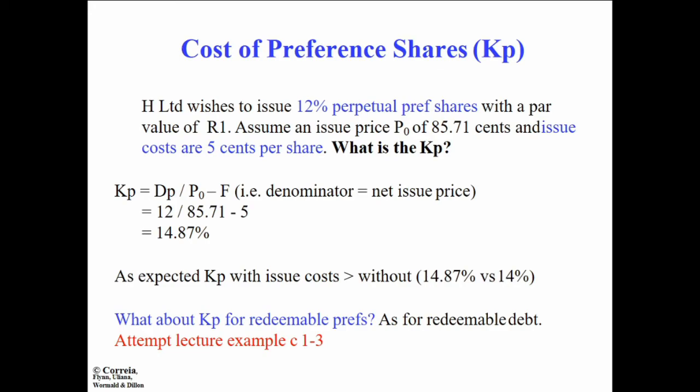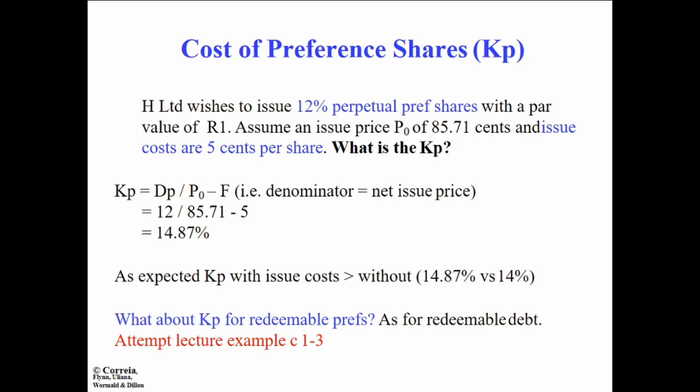If we compare the previous example with no flotation costs to this example using the same information except there are flotation costs here, we can see that the cost of the preference share is greater when there are issue costs than when there are no issue costs.